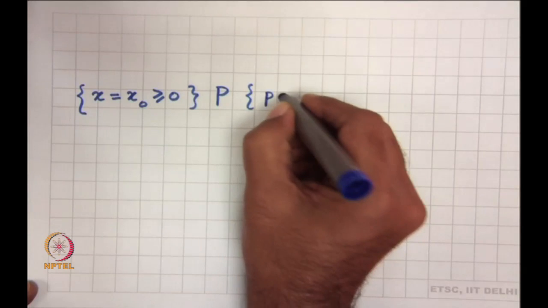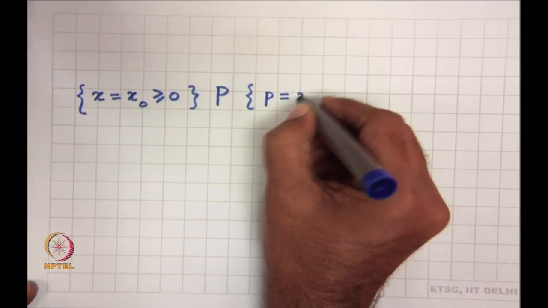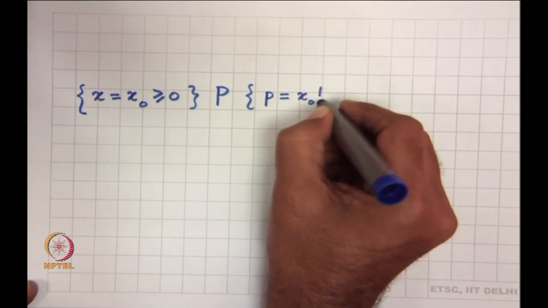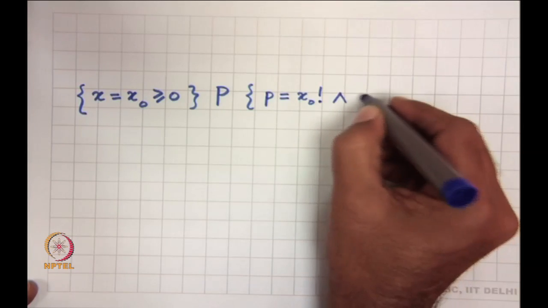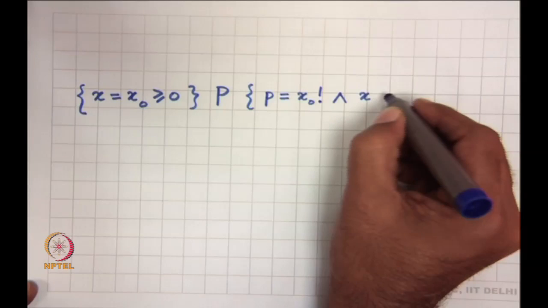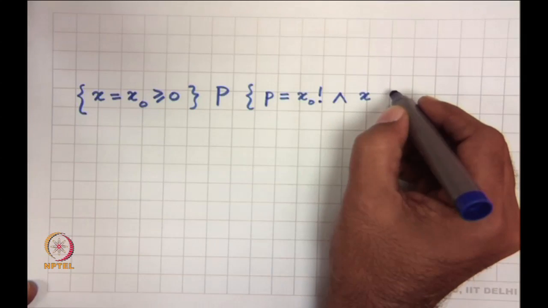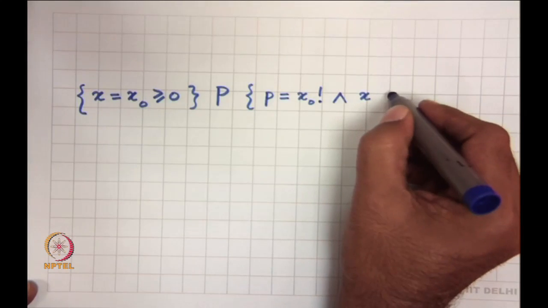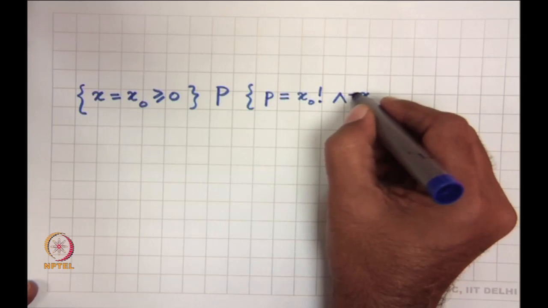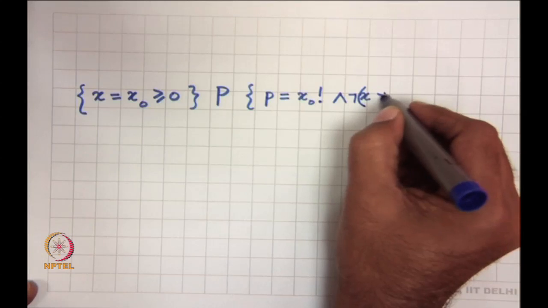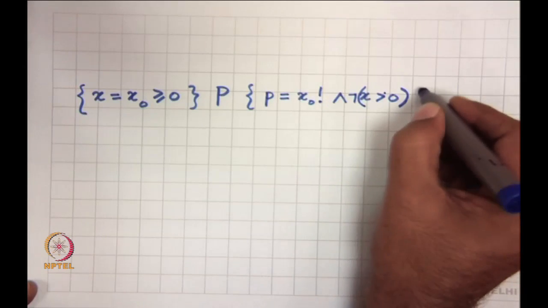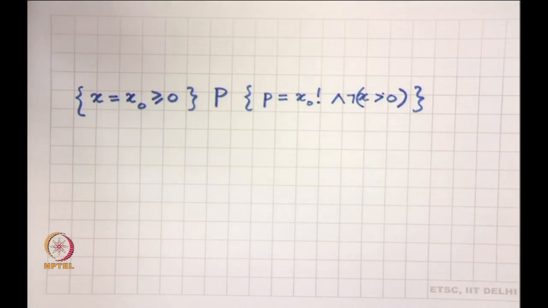Then p equals x naught factorial and x is not greater than 0. This should be the correct partial correctness assertion. So, ignore this for the moment.